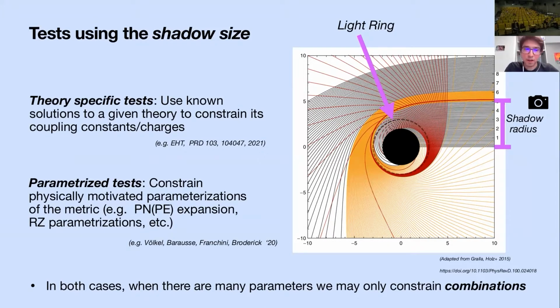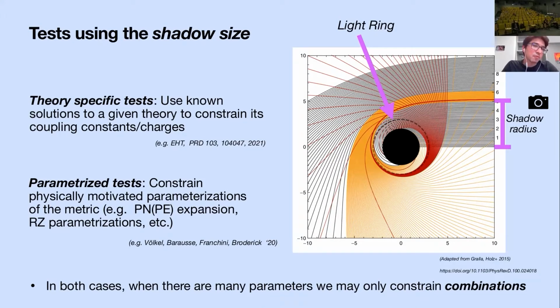And the photon ring describes the location where photons can follow unstable circular orbits. It is related to a feature in the black hole image that is a bright ring surrounding a darker region in the picture.